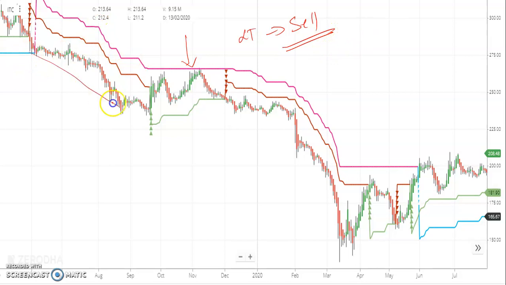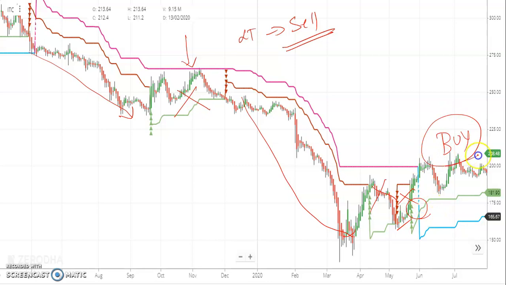So here we execute our sell part, buy, don't execute, sell, execute, then again buy, don't execute, sell, execute, buy, don't execute. Once you get the buy signal here, then the market changed, then enter the buy trade. Okay, here as you can see, the long term trend is now buy, so enter the buy trade.